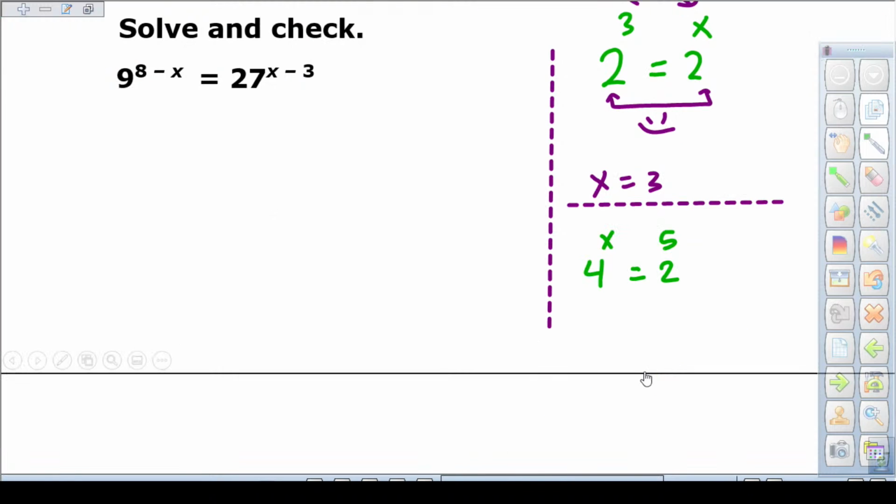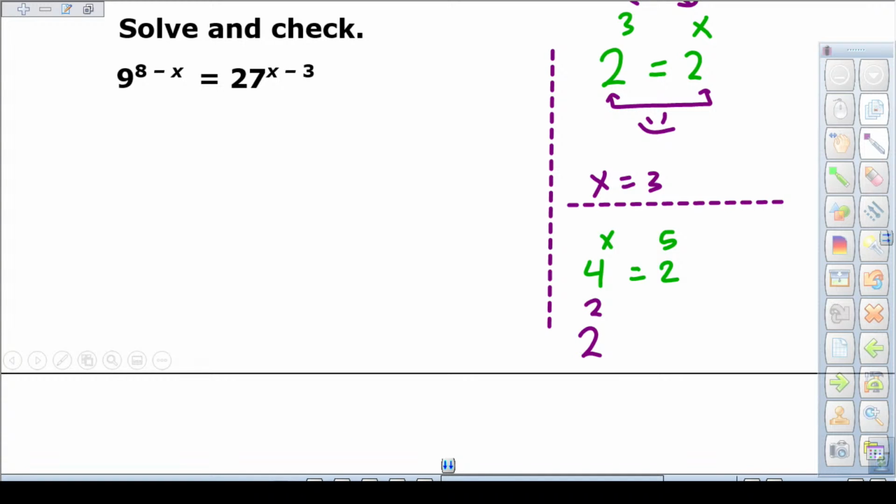If you look closely here, the bases are not the same, right? So how can I write a base that is similar? Well, the 4 and the 2 have a base in common, and obviously it's the 2. So I'm going to rewrite the 4 as a base of 2 raised to a power. This 4 is actually 2 to the second power.